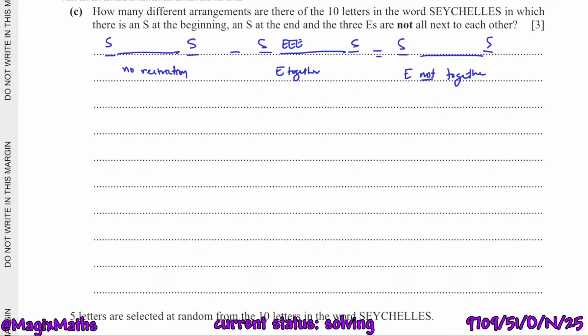And so it means we have to arrange an 8-letter word. 1, 2, 3, 4, 5, 6, 7, 8. And then it's just random between the letters E, Y, C, H, E, L, L, E, S. So it's just 8 factorial divided by repeating letters 3E, 2C, and 2Ls.